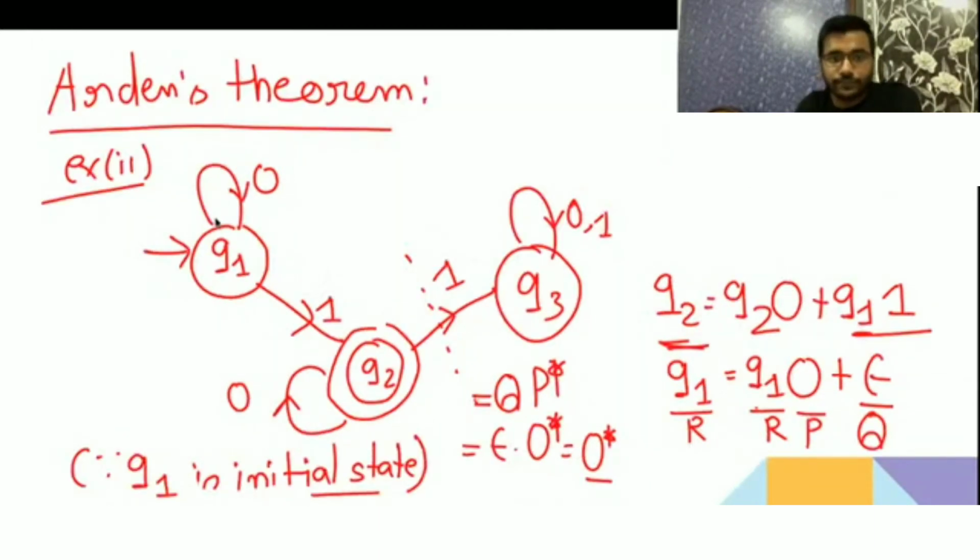I am not removing Q3, and I am not giving the equation of Q3 because while solving Q2 we don't require it. The not-reachable case will come when we do minimization. Here I am not doing the minimization.